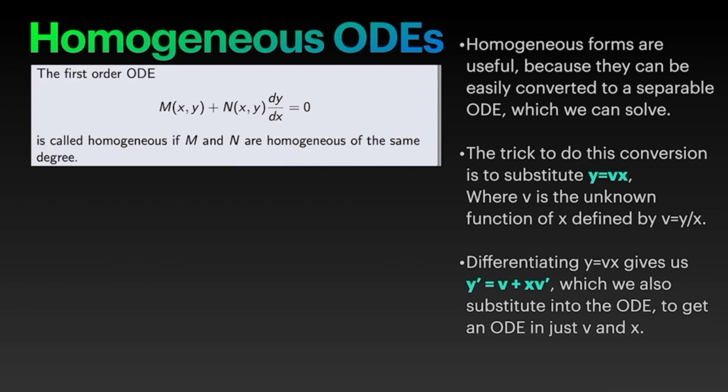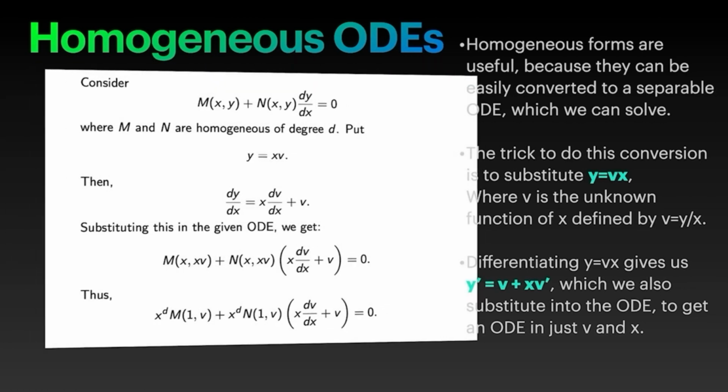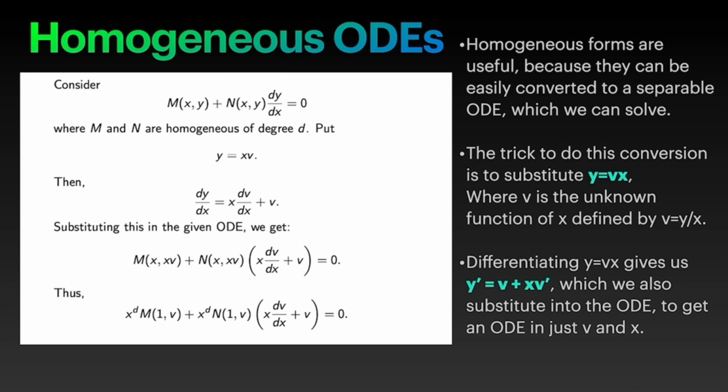Homogeneous forms are useful because they can be very easily converted to a separable differential equation, which we already know how to solve. The trick to this conversion is to substitute y equal to vx.